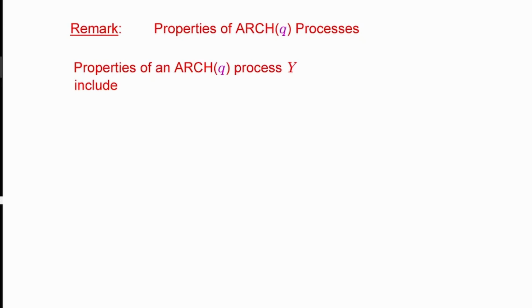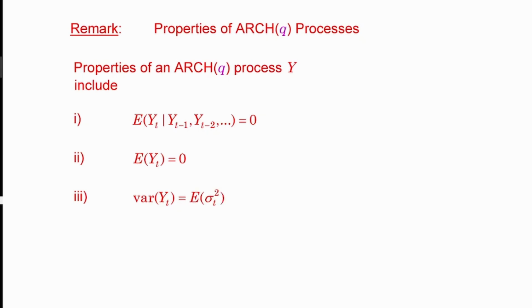So what are the properties? Now, it has every single property that the stochastic volatility model would have. So the conditional mean is 0, the unconditional mean is 0, the unconditional variance is equal to the expectation of sigma squared, and the process is not autocorrelated. But keep in mind, guys, just because it's not autocorrelated, it doesn't mean that there is no dependency structure.